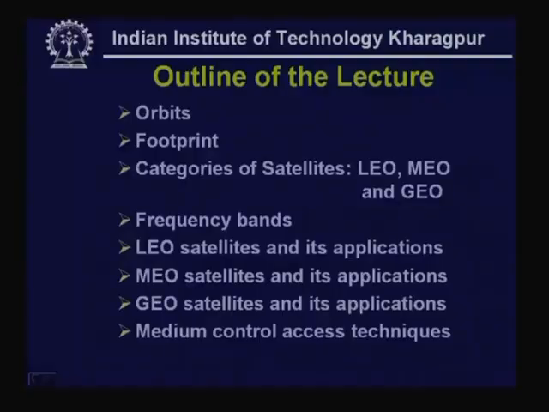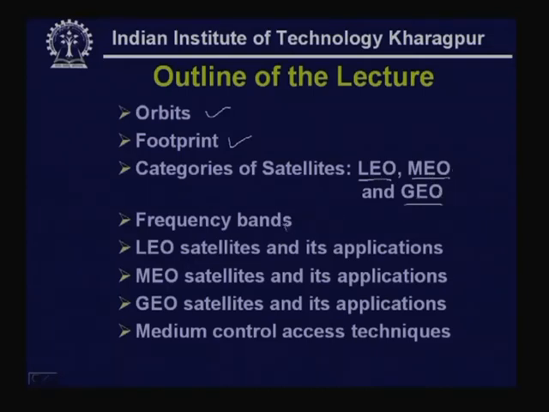First, I shall discuss some of the important concepts related to satellite communication, such as the concept of orbits, then the concept of footprint. Then we shall discuss three different types of satellites: LEO, MEO and GEO, low Earth orbit, medium Earth orbit and geostationary orbit.